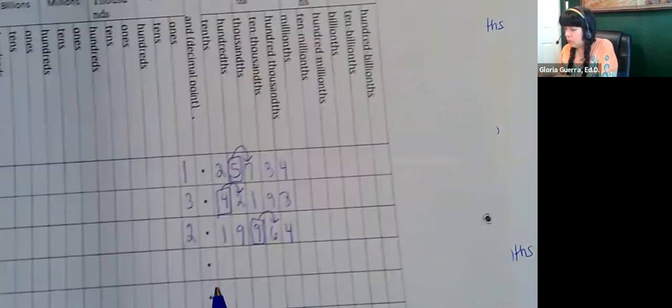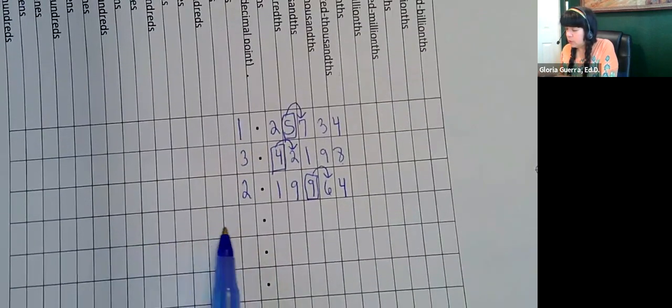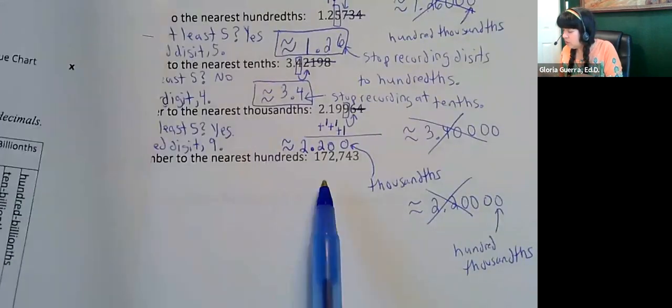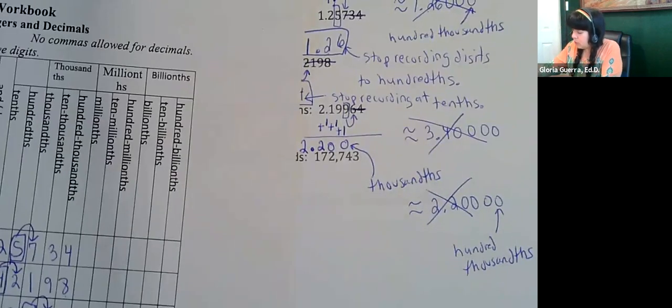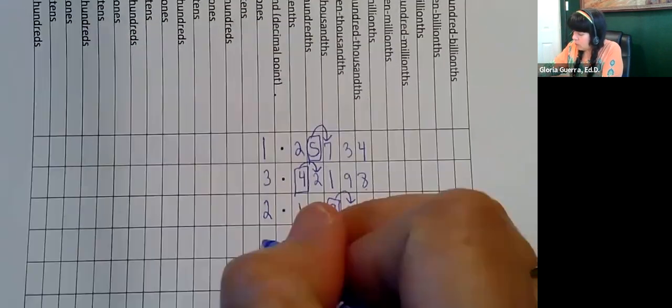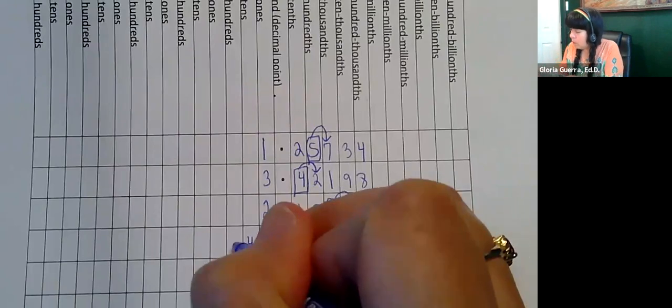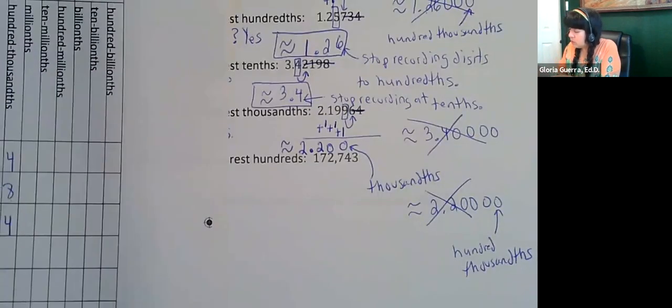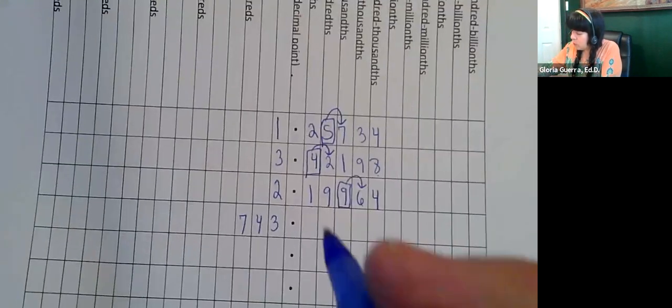This one, we're rounding on the natural number, counting number, whole number side over here. So this is 172,743.